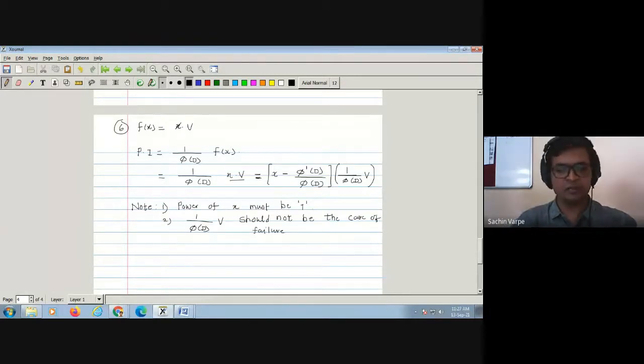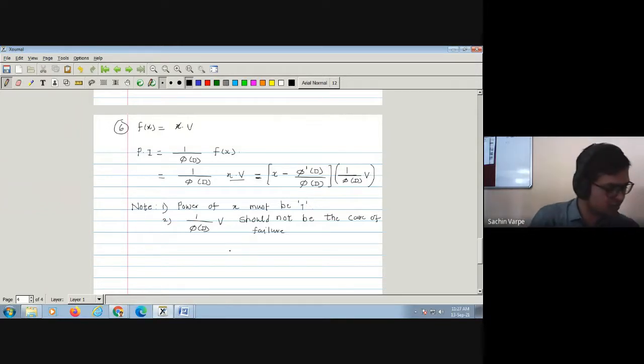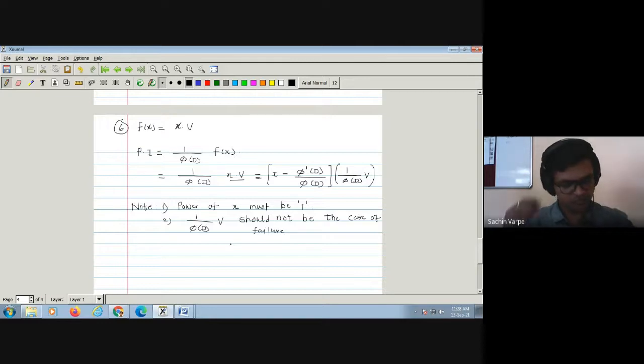Okay, so let us have one example, one question. Write down. The question is when f of x is x into v, x into v case. Okay, you can take this question.